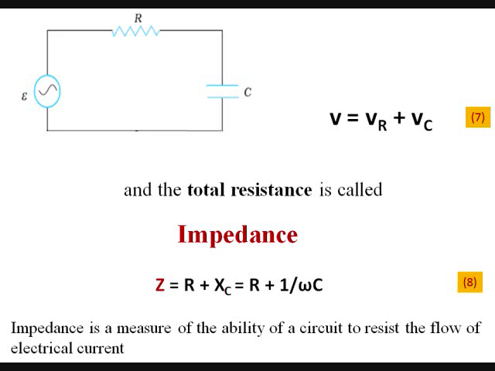When an AC voltage is applied to an RC circuit in series, the voltages across the terminals of resistor and capacitor sum up, that is, V is equal to VR plus VC, and the total resistance is called impedance and is given by equation 8. This is for a simplified case when the phase difference is pi by 2.